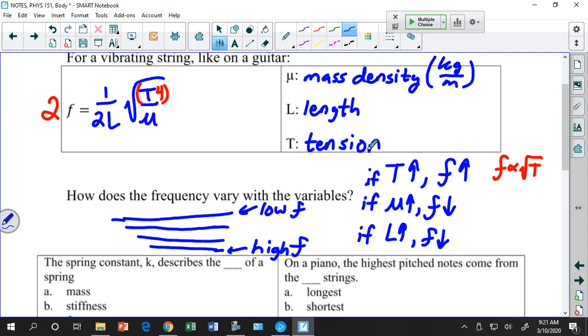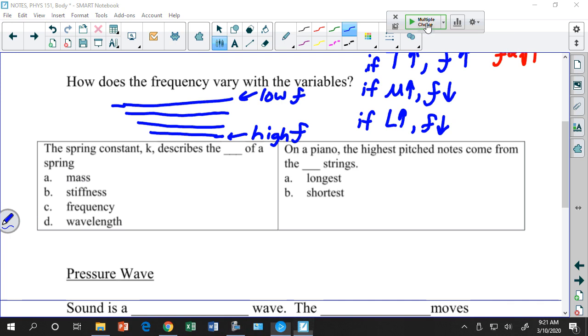Okay, let's try some of these questions. The spring constant describes what of a spring?